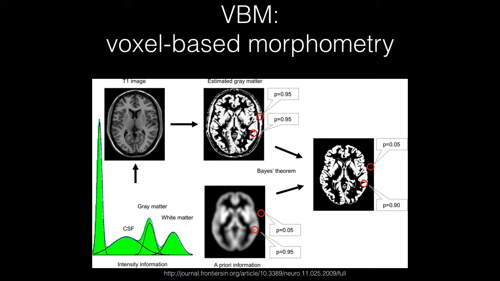For all participants in a VBM study, these blurred gray matter maps are aligned in a common space. This means, for example, that if a voxel with coordinates ijk falls within the putamen of one participant, it's likely that voxel ijk falls within the putamen of all participants whose brains have been aligned for the study.